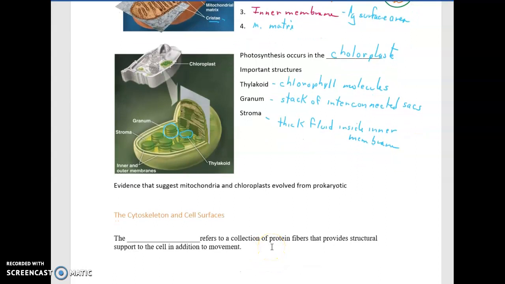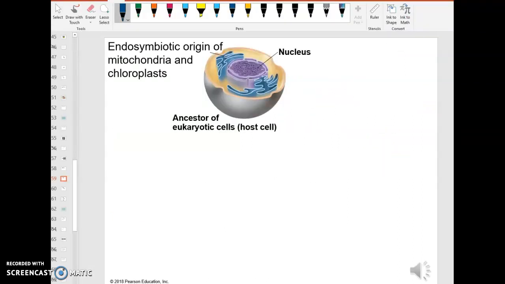So we have evidence that suggests that mitochondria and chloroplasts evolved from prokaryotic organisms. And so we start with an ancestor of eukaryotic cells. It has a nucleus, it has a nuclear membrane, and it's got some endoplasmic reticulum here. This blue is the endoplasmic reticulum, so it has some internal membranes.